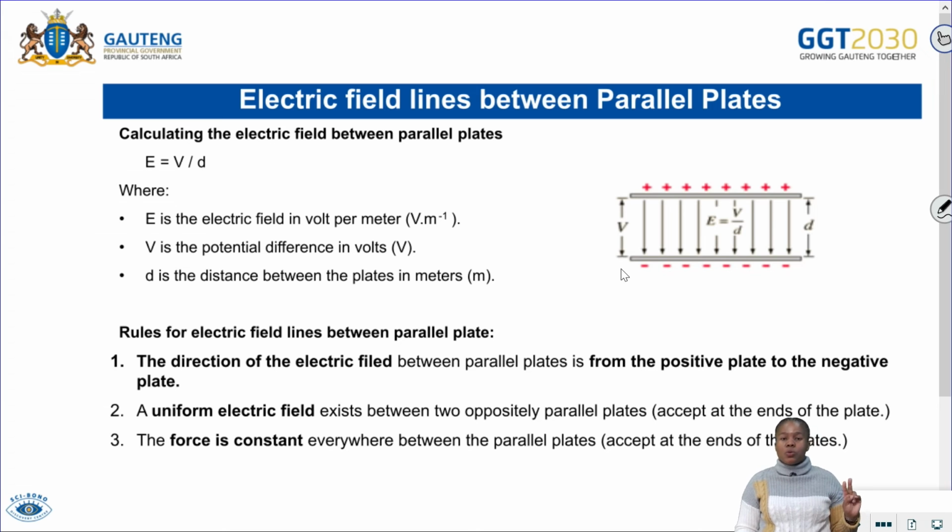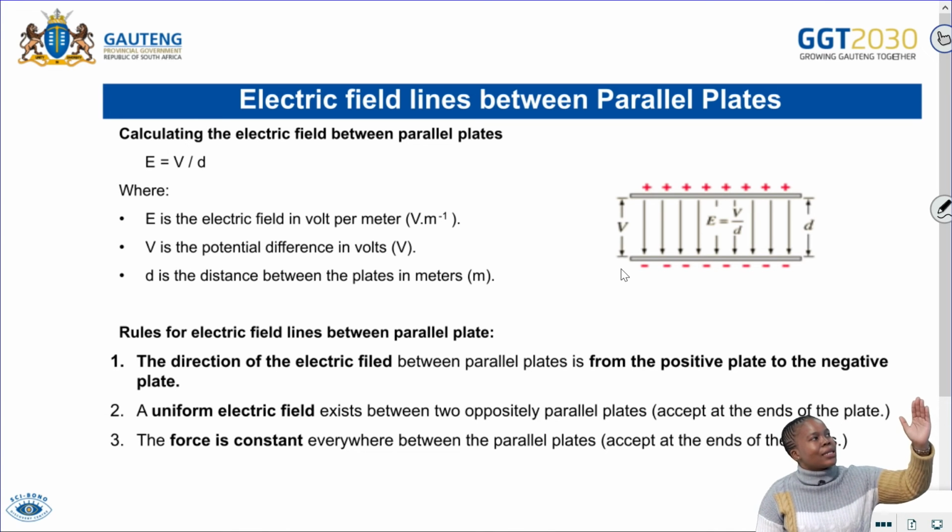Number two, a uniform electric field exists between two oppositely charged parallel plates, meaning the electric field is uniform throughout. Number three, the force is constant everywhere between the parallel plates. That means the electric field strength at any point between these parallel plates is the same.